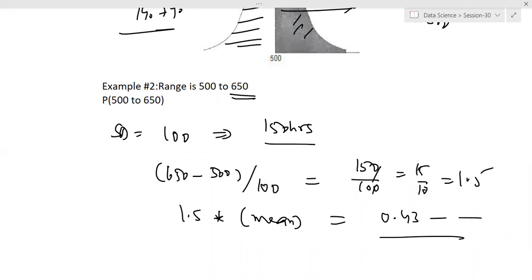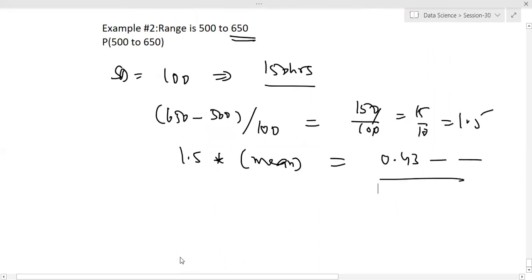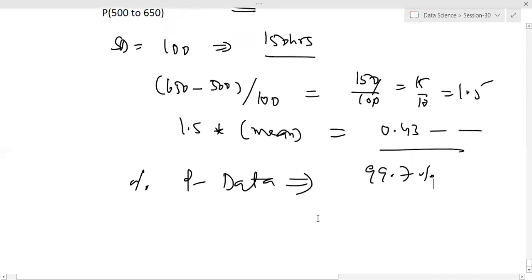Just observe here, friends, the way we are understanding this is that it's not observing the values, but the percentage of the data. In the first case we have 99.7, and for the second standard deviation, what is that value, friends? 95% actually.